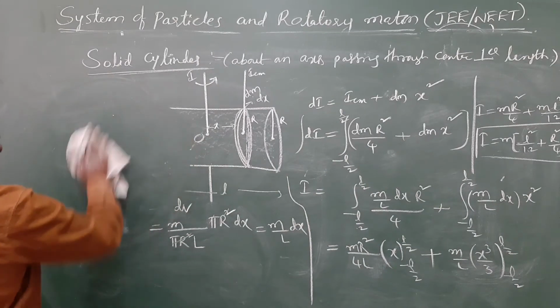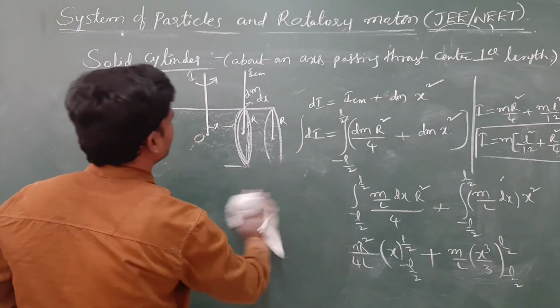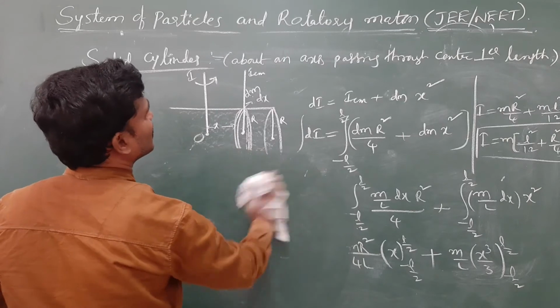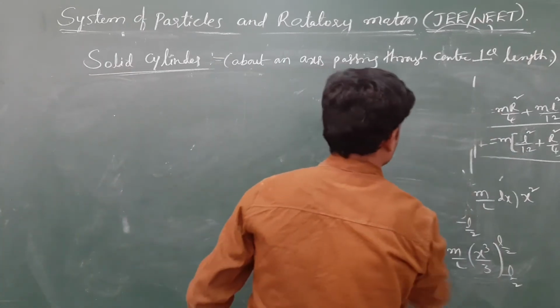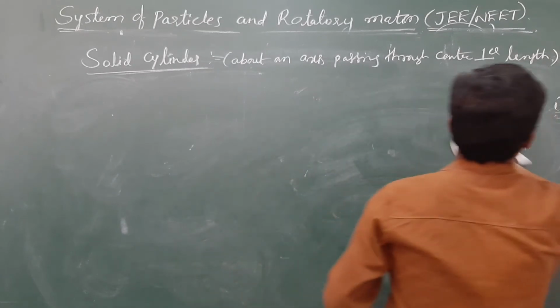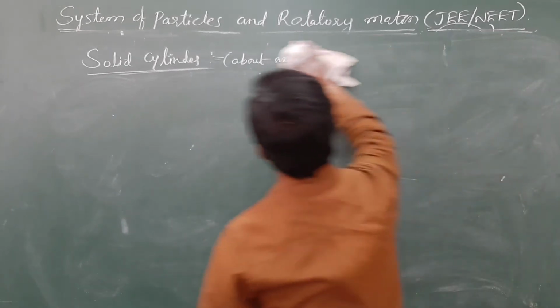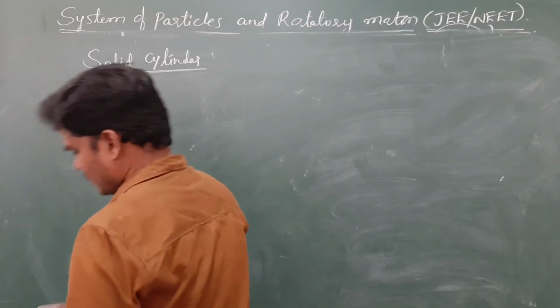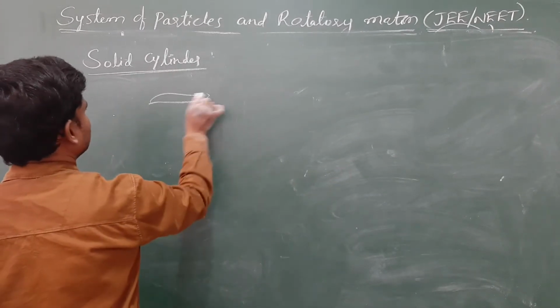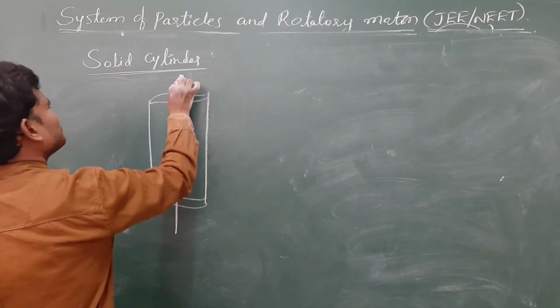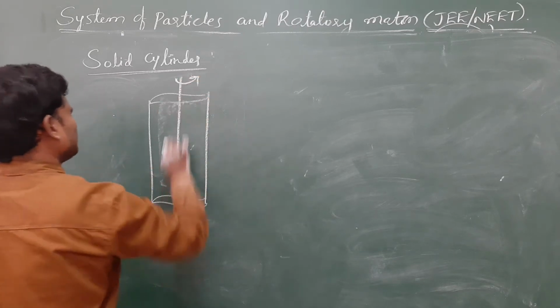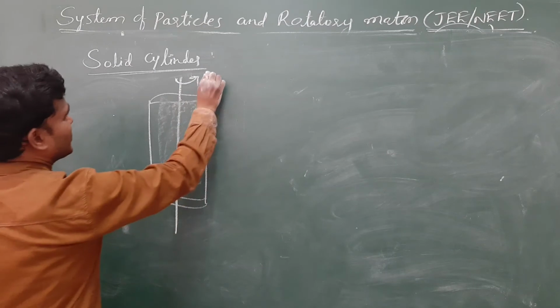Let me find the moment of inertia about its own axis. See the next formula, about its own axis, like this. This is the solid cylinder. Now the cylinder is rotating like this.